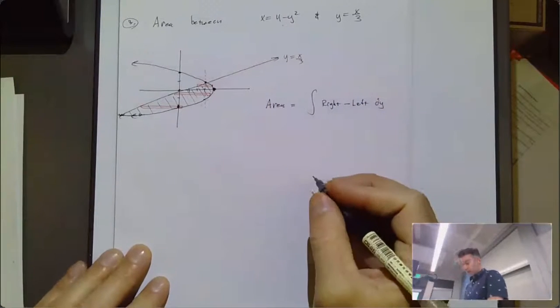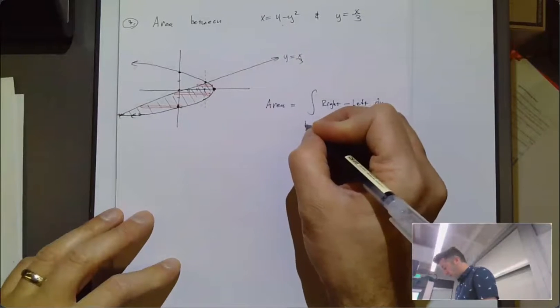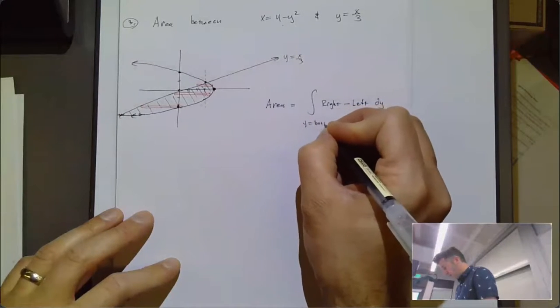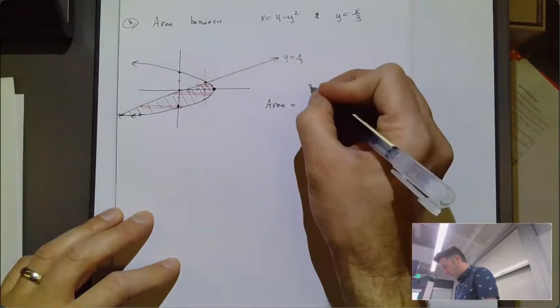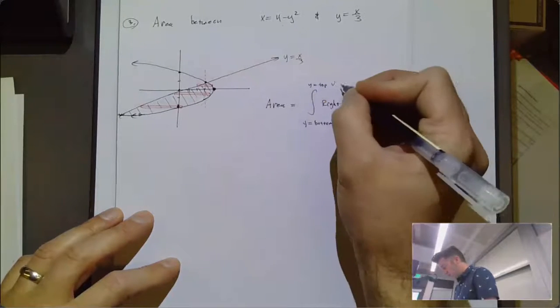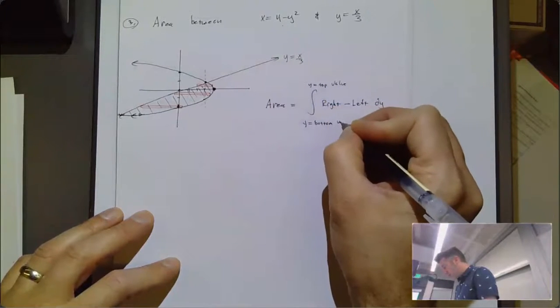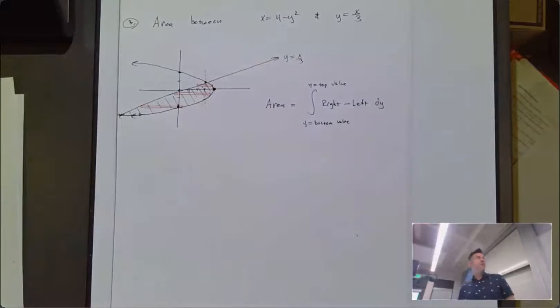And our limits of integration are going to be y equal to the bottom value all the way up to y equal to the top value. So it's just like before, except before you did top minus bottom function and you went x from x equal to the leftmost value to x equal to the rightmost value. Now we're just totally interchanging things.